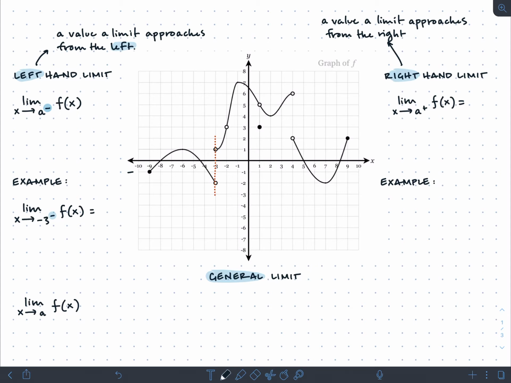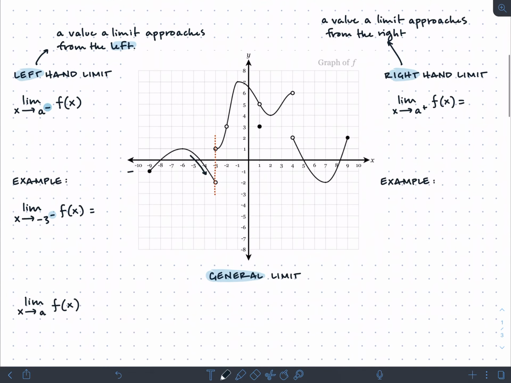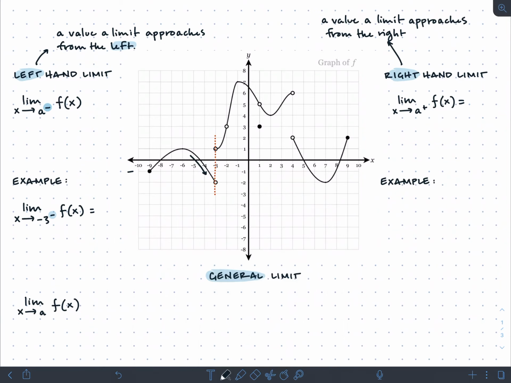And if I look at my graph, as I approach -3, the value we're approaching, and when we say value up here, we mean y value, the value that we're getting closer and closer to is actually -2. So we would say that the left-hand limit is -2. Even though we don't get there, that's the value we're approaching.